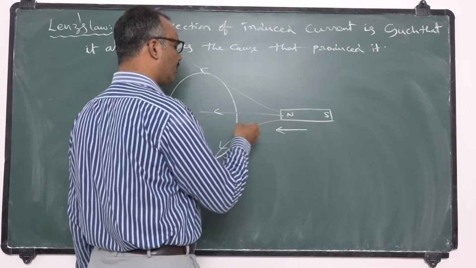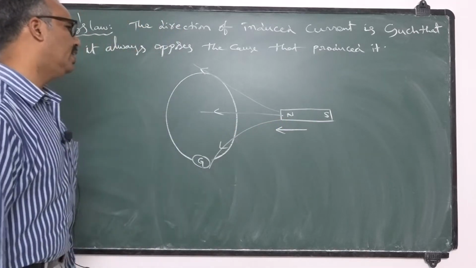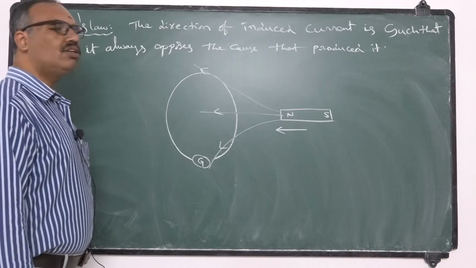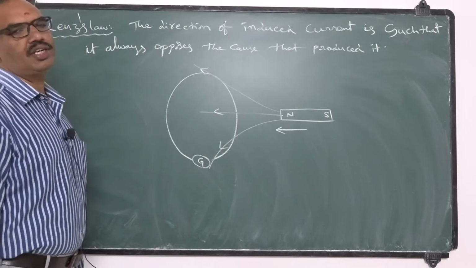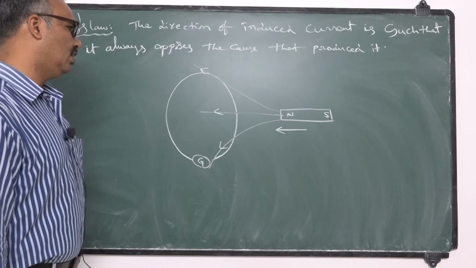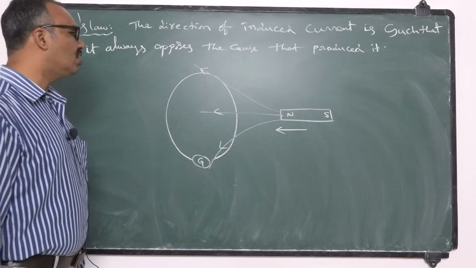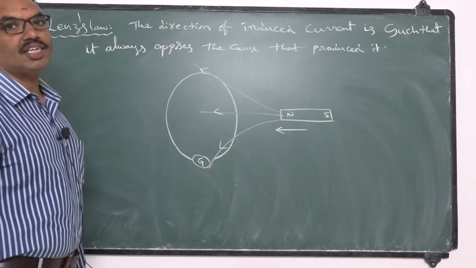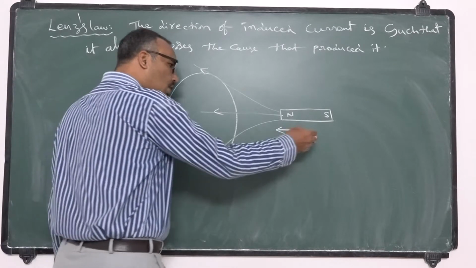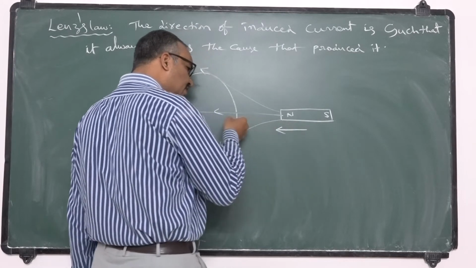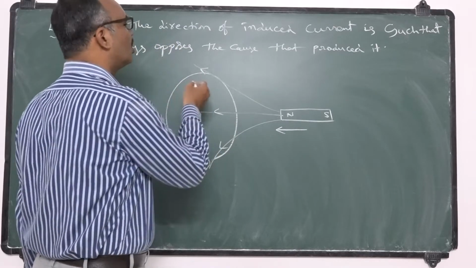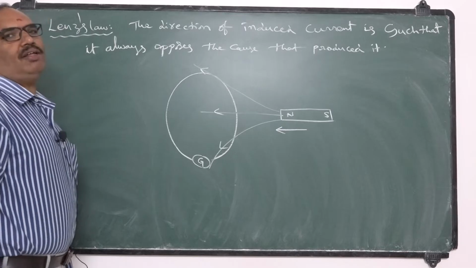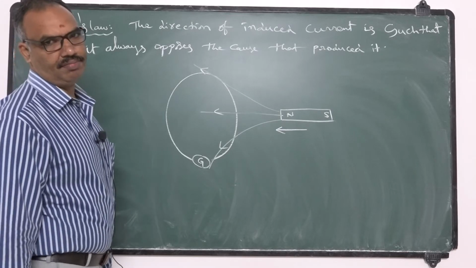Due to the movement of the magnet towards the coil, it generates some induced current or induced EMF. I would like to know the direction of the induced current or induced EMF. The direction of the induced current is such that it always opposes the cause that produced it. Due to the movement of the magnet towards the coil, the induced current got developed. The developed current should oppose the cause that produced it.